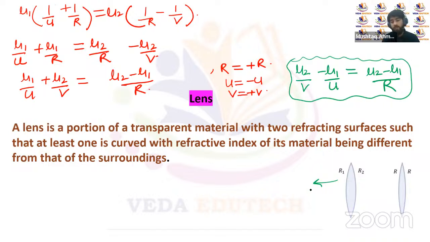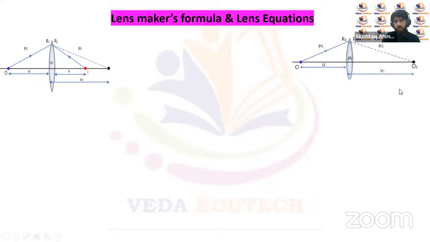The lens which converges the ray of light is called a convex lens, and the concave lens diverges the incident ray of light. Now we'll be applying the same refraction formula to derive the lens maker's formula, which is used to calculate the focal length of a lens, and we'll be deriving the lens formula or lens equation from the same formula as well.